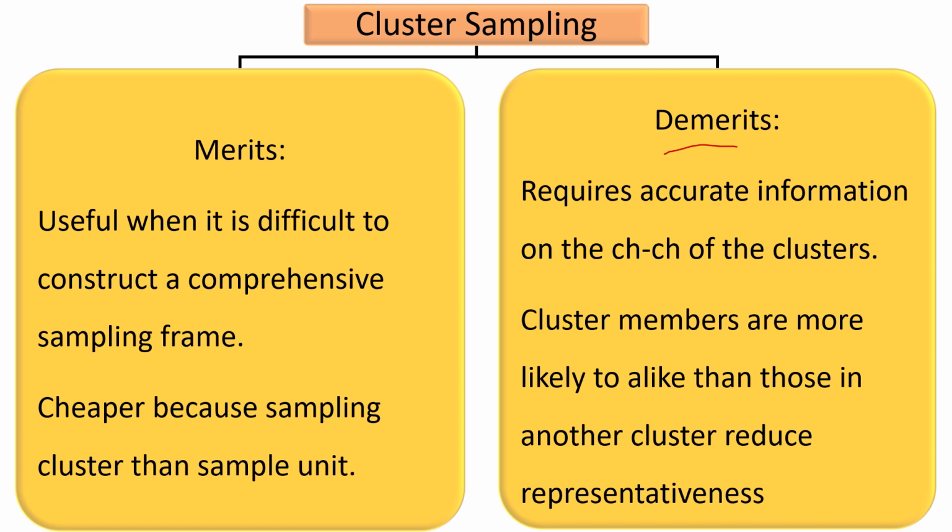Sometimes the sampling units within a cluster may be homogeneous, but the sampling units found in one cluster may vary from those found in other clusters. So this may create an issue of representativeness. This is the other disadvantage.